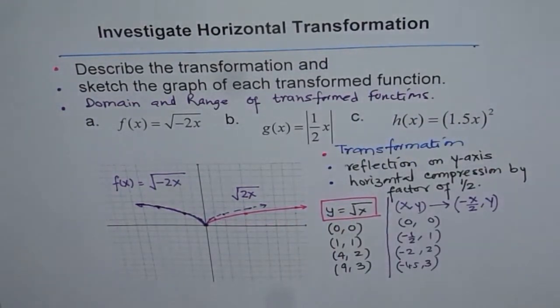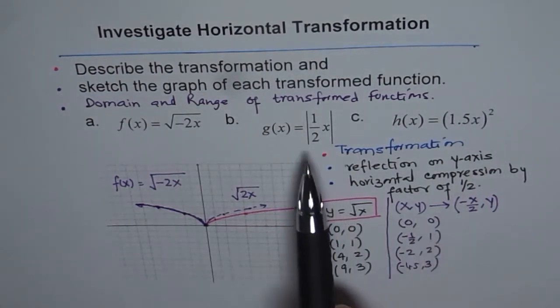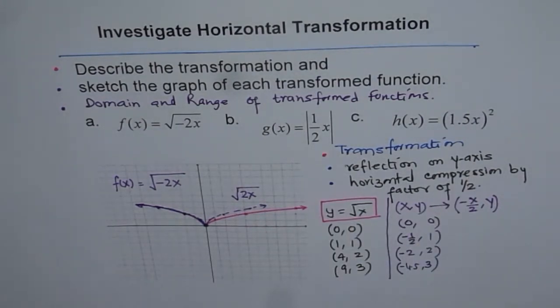So try to sketch the graph of these two functions, and after that write down the domain and range of your transformed function. I hope that helps you to gain more confidence in this topic. Thank you.